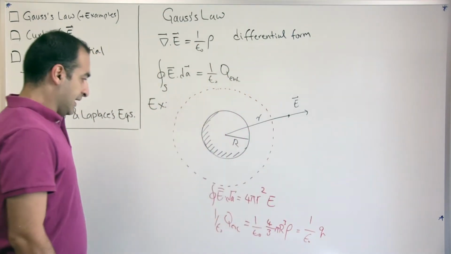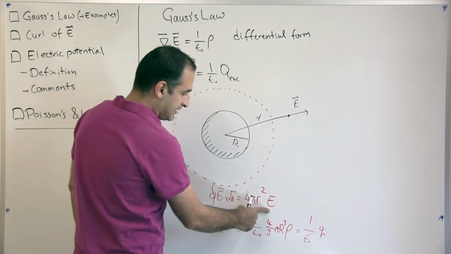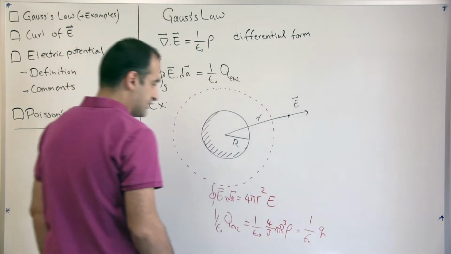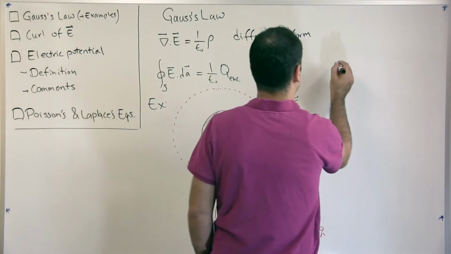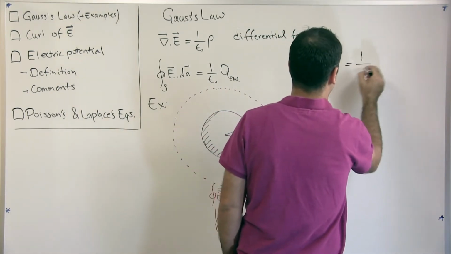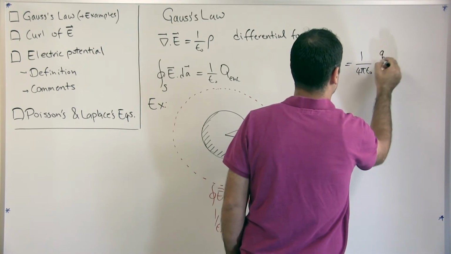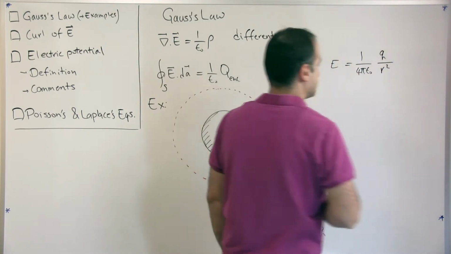Now if you equate this side to this side, we have 4 pi r squared E equal to 1 over epsilon 0 Q, and that means the electric field should be 1 over 4 pi epsilon 0 times Q over r squared.